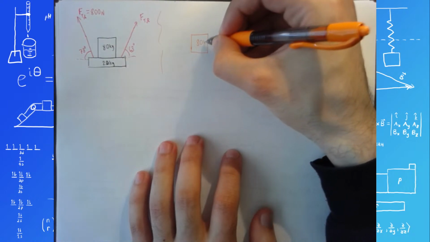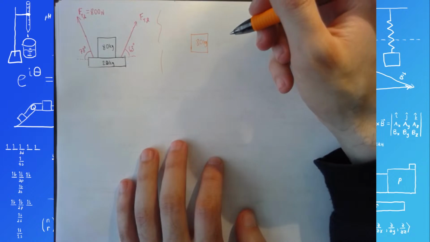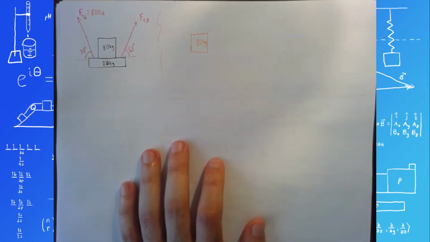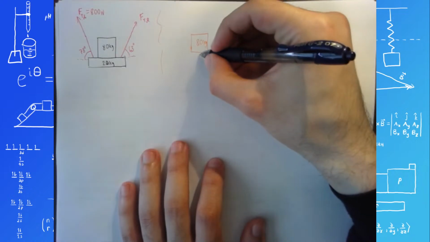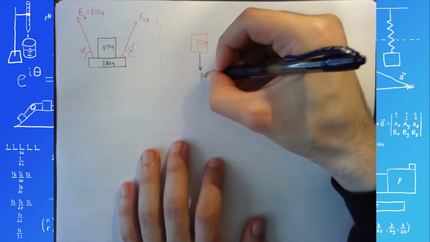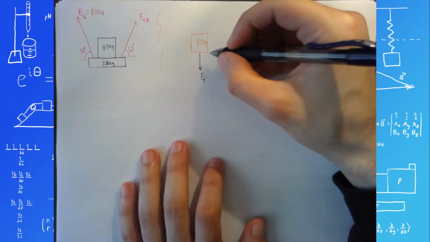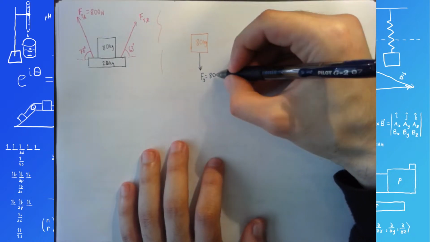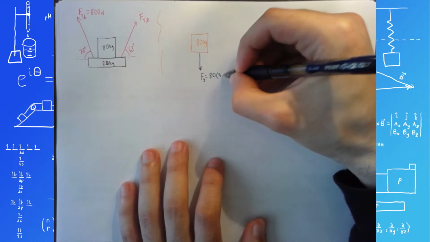It experiences what forces? Well, this is presumably happening on Earth, so I would expect to see a force of gravity, or weight, if that's what you prefer to call it. Force of gravity equals mass times g, so 80 times, I'll use 9.8 here for g.